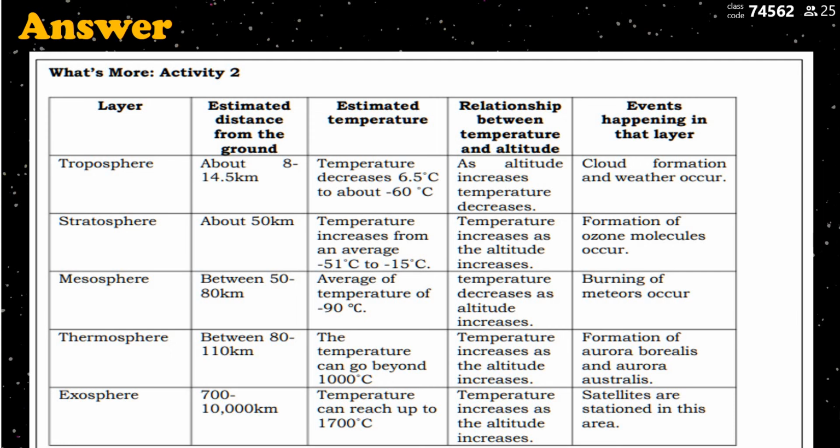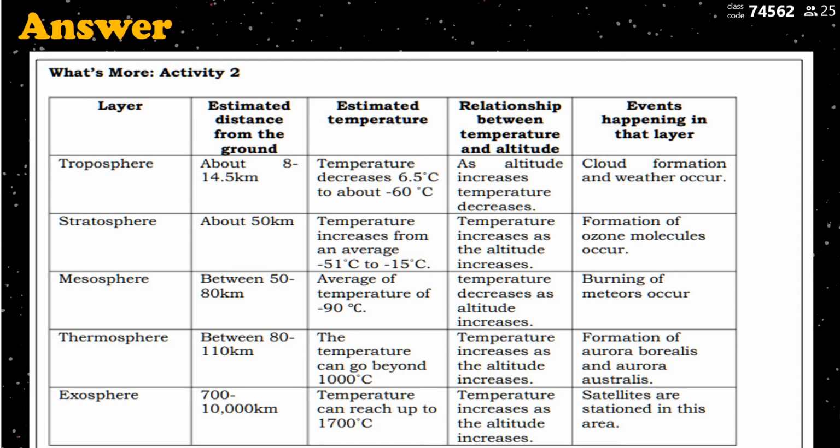The third one is mesosphere. It's between 50 to 80 kilometers. It's the estimated distance from the ground. Estimated temperature is an average of negative 90 degrees Celsius. A relationship between temperature and altitude: temperature decreases as altitude increases, and events happening in that layer, burning of meteors occur.